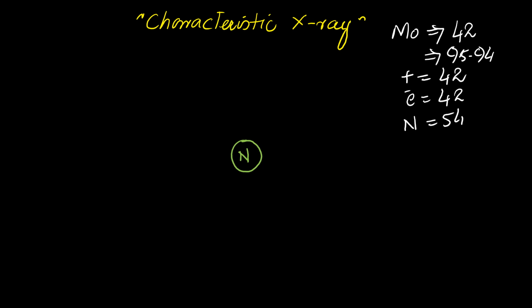Around the nucleus of molybdenum, there are energy levels, and these energy levels are known as shells. The first energy level of the molybdenum atom has 2 electrons, because this is a representation of an electron. The second energy level of the molybdenum atom has 8 electrons and is known as the L shell.